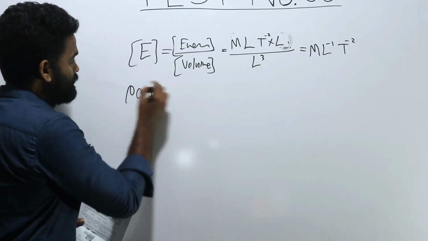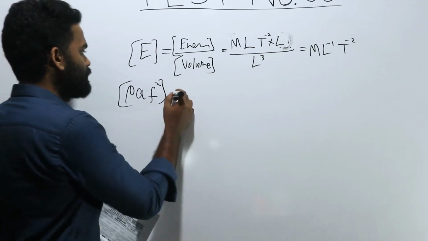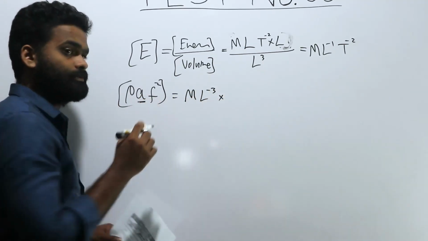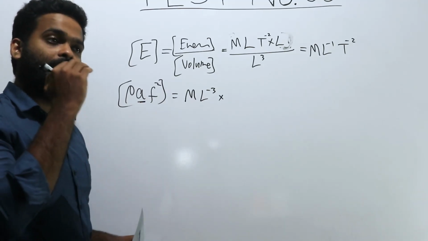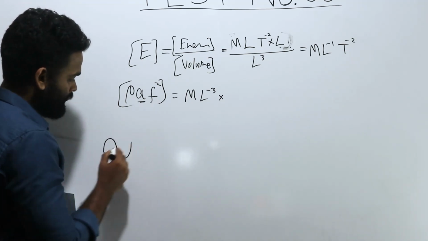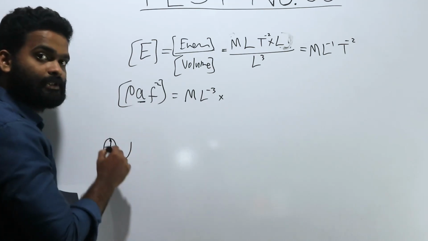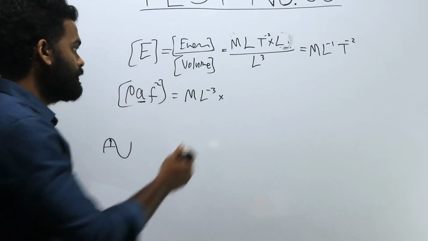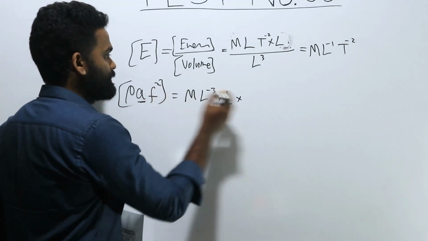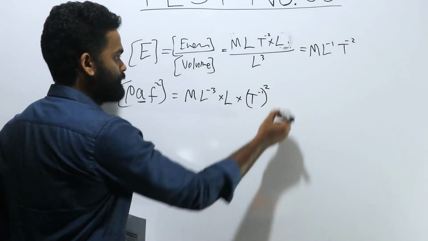First one, rho A F squared. Rho is the density, so dimensions M L minus 3. The amplitude is a length. If you remember, for waves, the length from the midpoint to the peak of a wave is the amplitude, so that is L. Then the dimensions of frequency is T minus 1, and it gets squared.